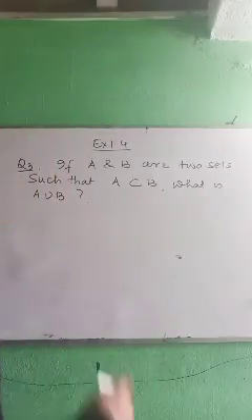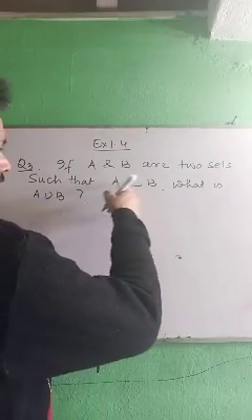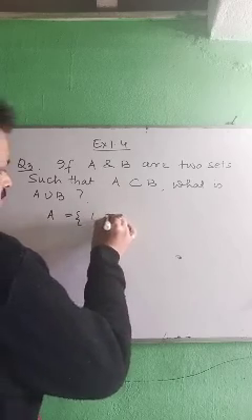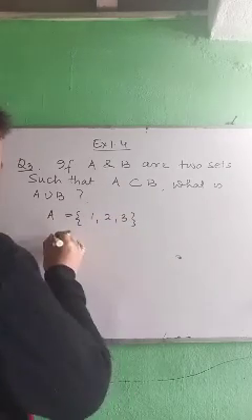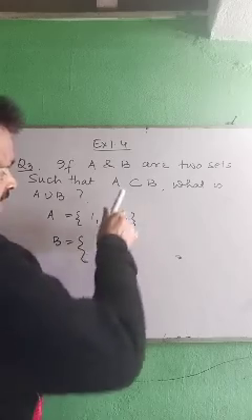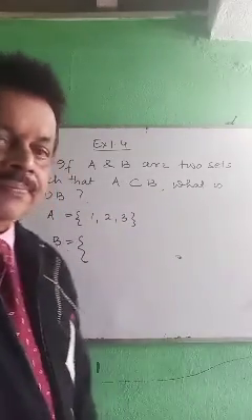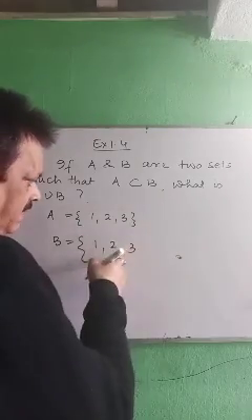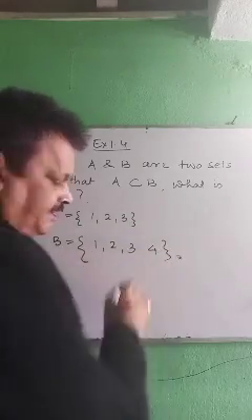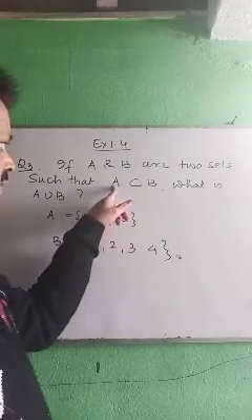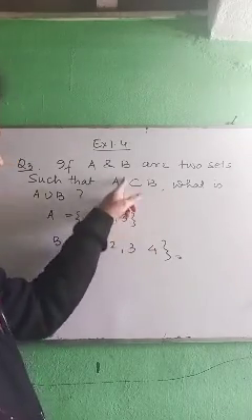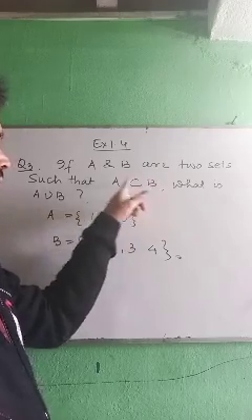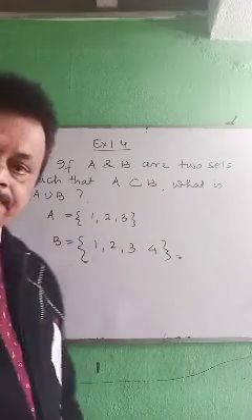Now look, when you say A is a subset of B, suppose A is 1, 2, 3, then all the elements of A should be in B. That means 1, 2, 3 must be there, plus some other element. When A is a proper subset of B, all the elements of A are in B, but some elements of B are not in A, which I have taken here.